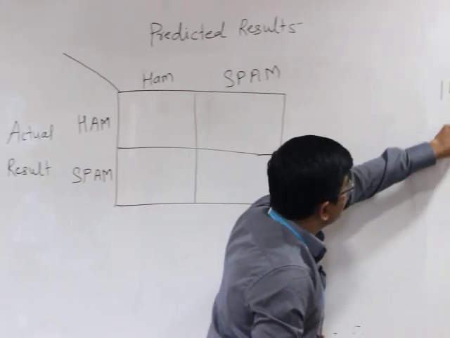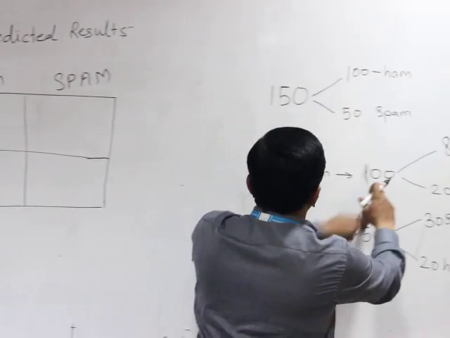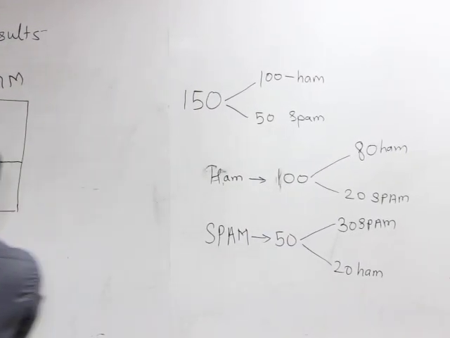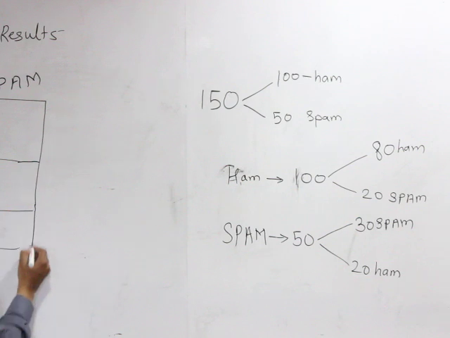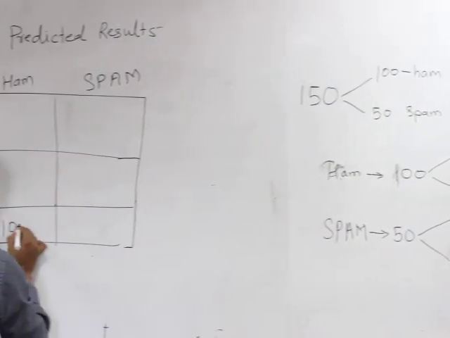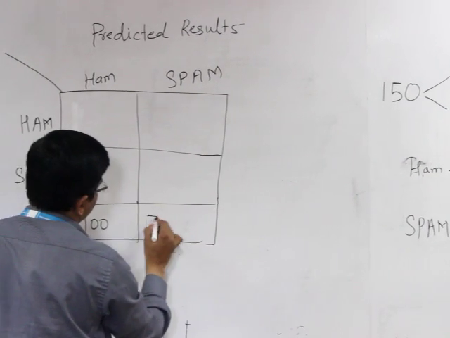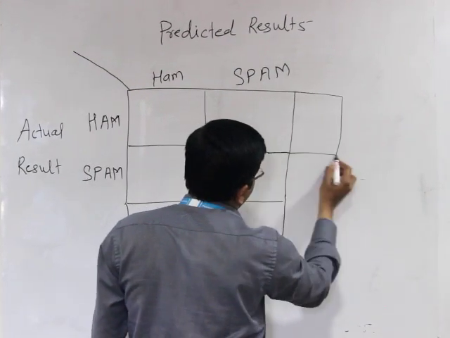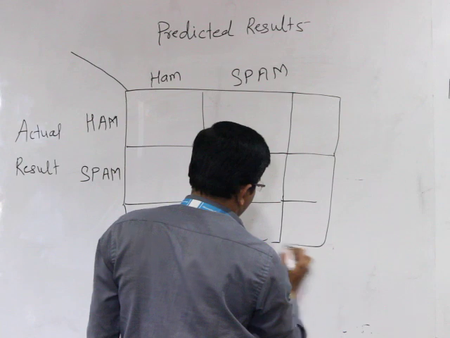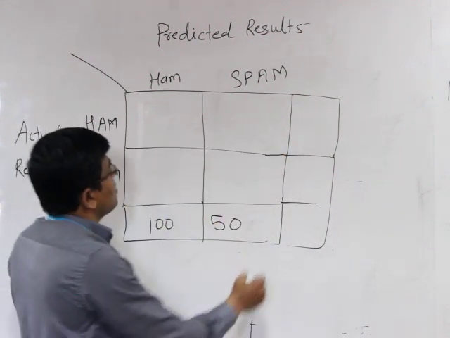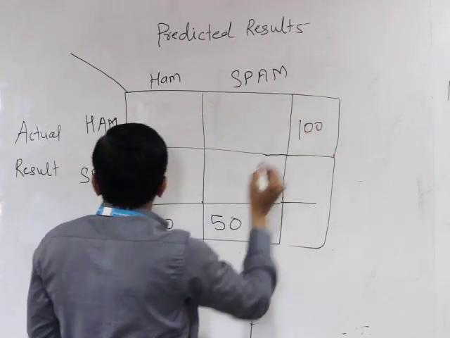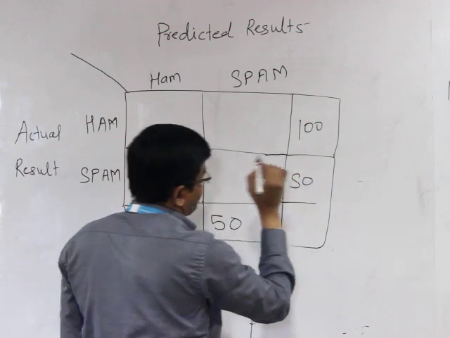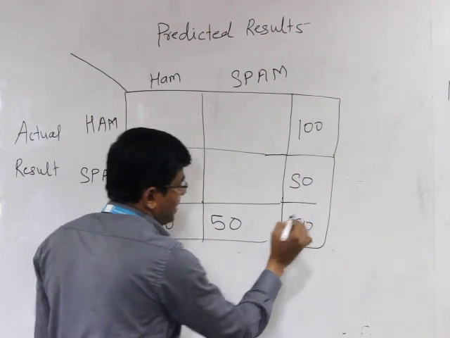So in these emails, the total predicted ham is 100 and total predicted spam is 100, as well as actual ham are 100 and actual spam are 50, and the total is 150.